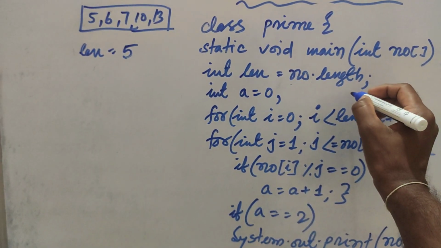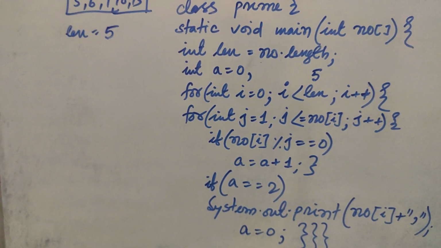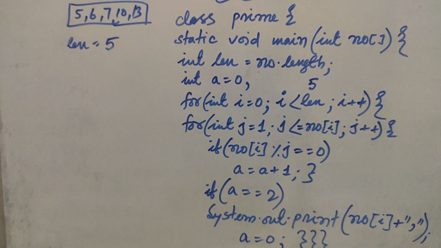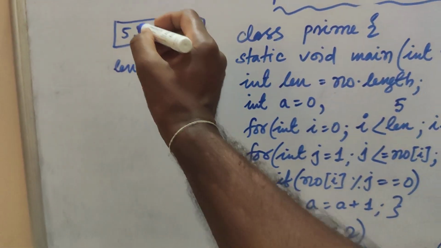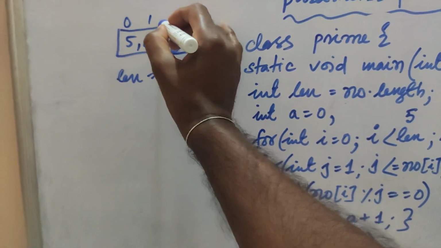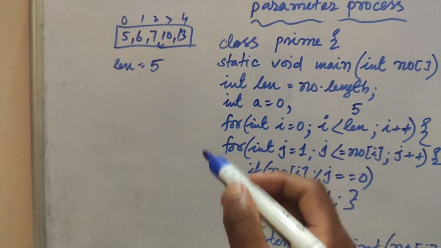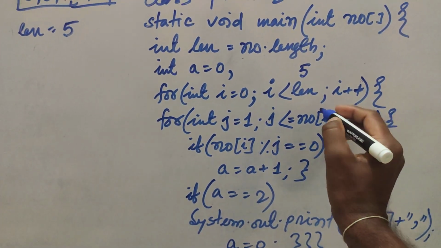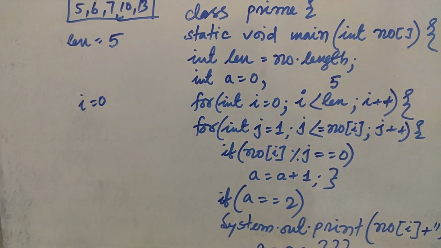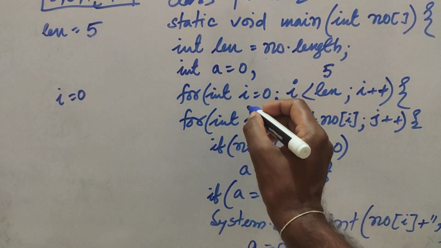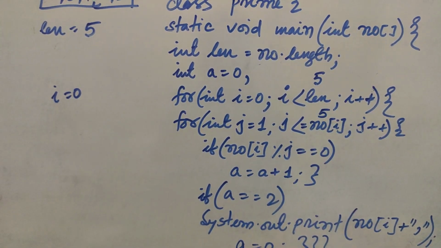So the computer now places 5 here, indexes 0 to 4. Now i equals 0. It means this is i0, 1, 2, 3, 4. i0 means here 5 will be placed. When the value of i equals 0, the first element will come, here suppose 5.